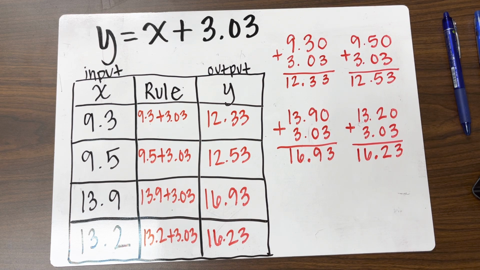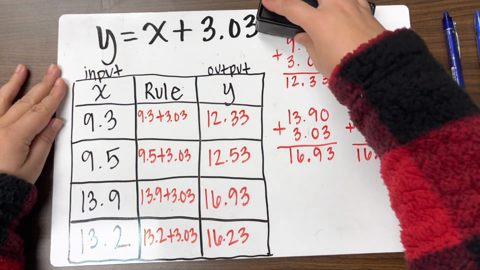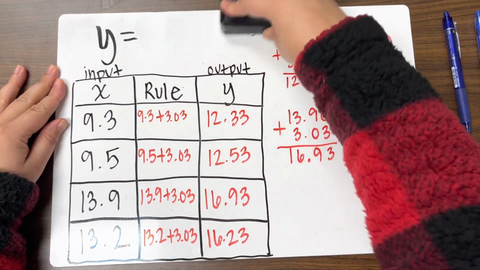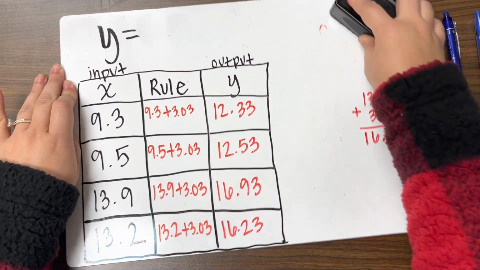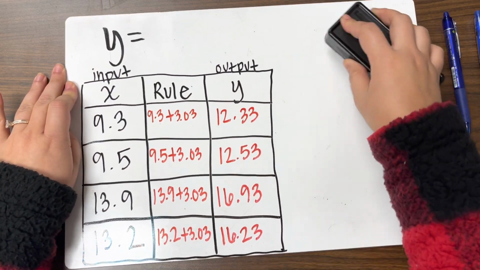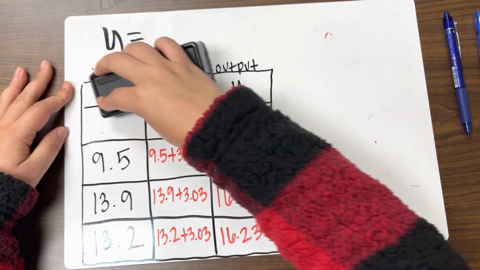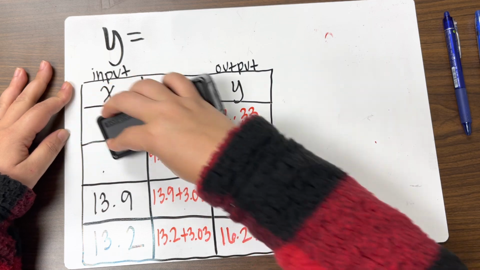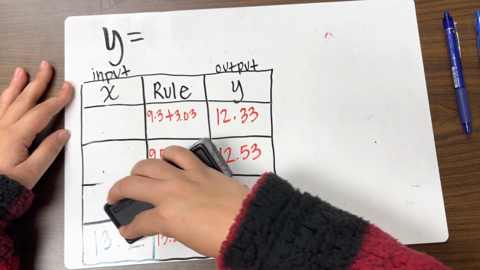Now let's try it with multiplication. I'm going to erase this, and we're going to do a new input-output table.